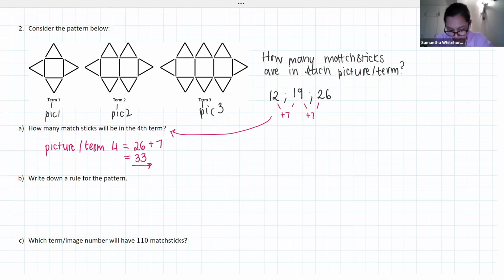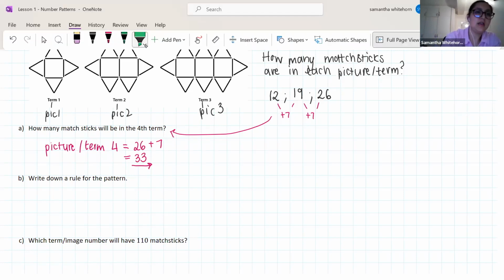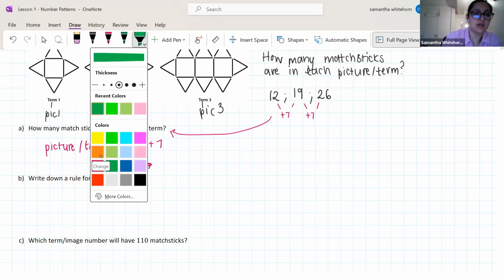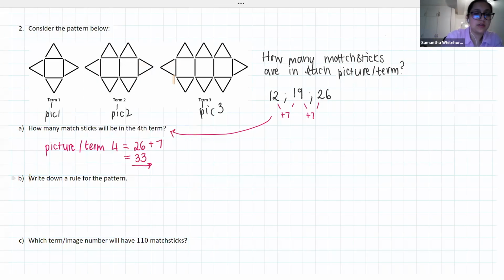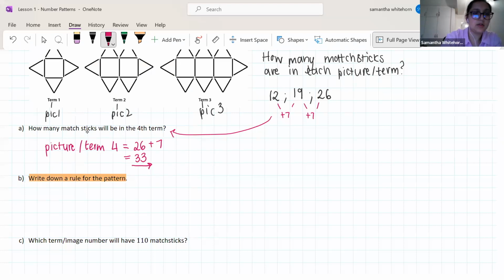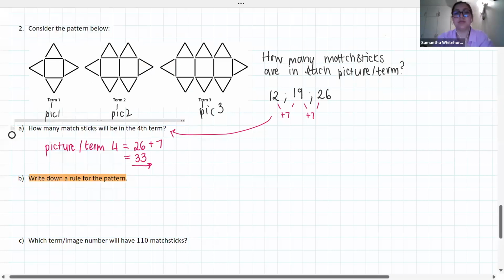All right, so I want you guys to try all by yourselves this next question for me. So I want you to try and write down a rule for this pattern. Okay, so we've done it a few times. Let's see what you guys can come up with here. Write down a rule for this pattern. So remember, it'll be y equals or tn equals, and then your rule.